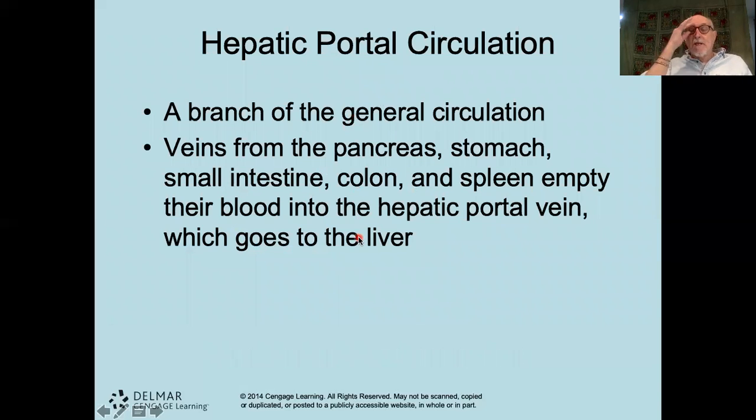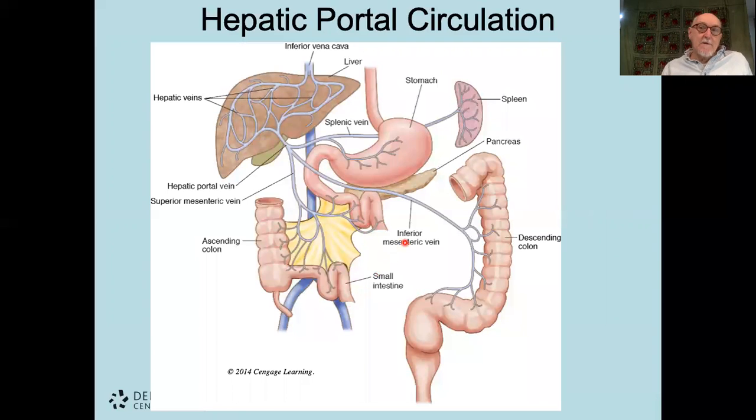Okay, so here's another specialized circulation, and this is called the portal circulation or the hepatic portal circulation. I prefer to say hepatic portal because there are one or two other small portal circulatory systems that we are not going to talk about. But the hepatic portal circulation allows veins to move directly from different parts of the gut directly to the liver without going through the heart first.